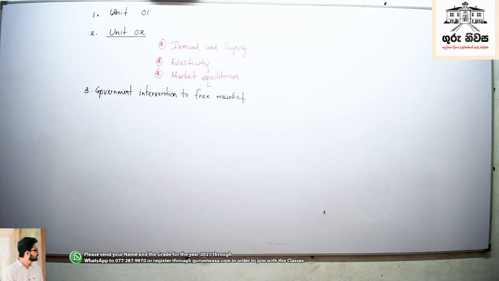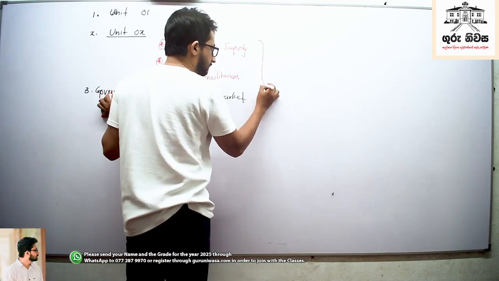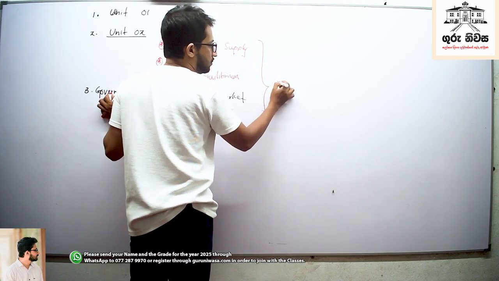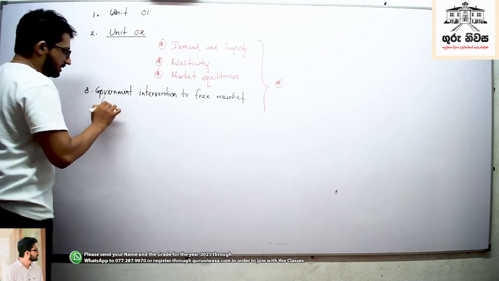We discuss how they make decisions and how the equilibrium price is determined. Then government intervention to the free market. But remember, these two lessons, unit 2 and unit 3, are interconnected. This is unit 3.